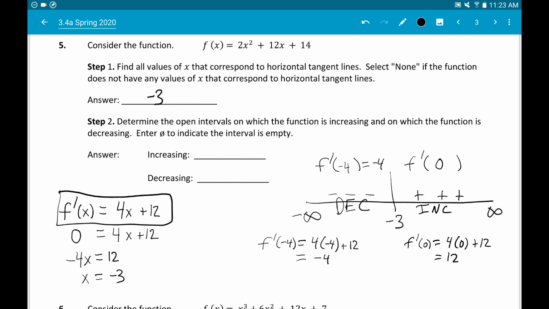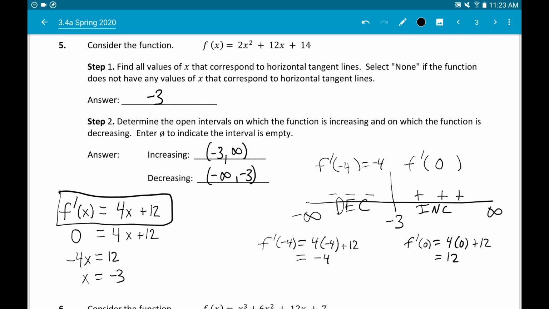So now answer our questions. So our increasing interval, that's the right interval over here, goes from -3 to infinity. So write it as an interval. Our decreasing interval here on the left, it goes between -infinity and -3. And that's it.